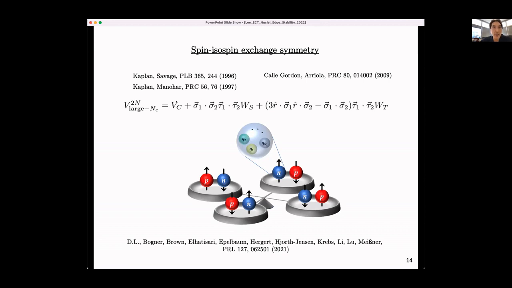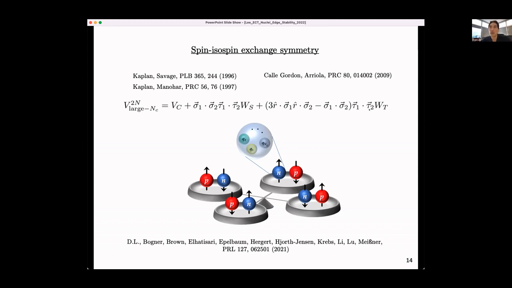So you have this local potential, which is independent of spin and isospin, a central interaction, if you like. And then you have another local interaction that has this spin-dot-spin, isospin-dot-isospin coefficient to it. But then you can also have this interaction, which breaks the spin-isospin exchange symmetry, which is the tensor force that's coupled to tau-dot-tau.